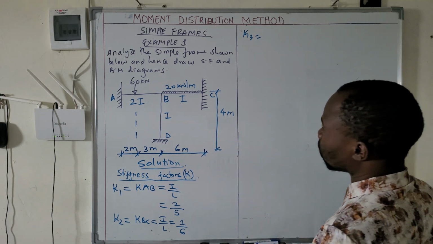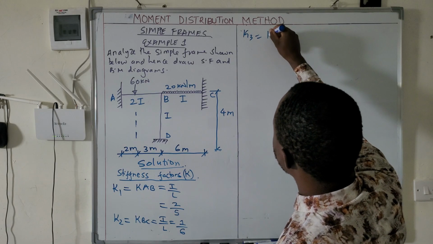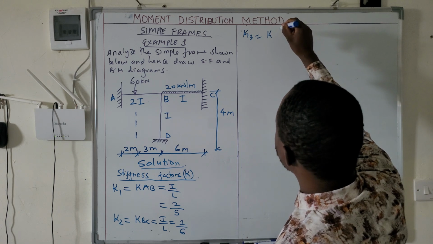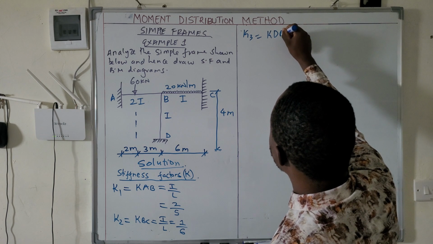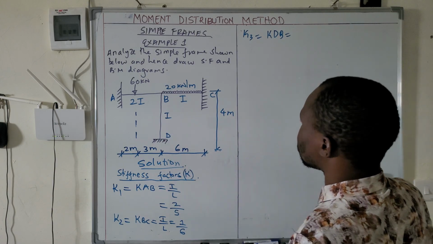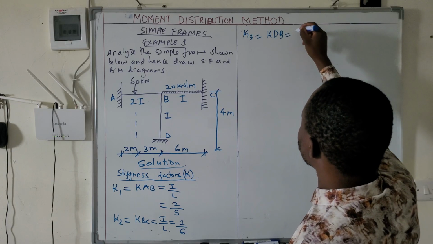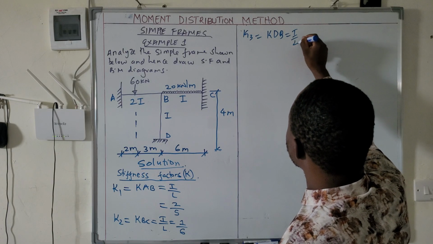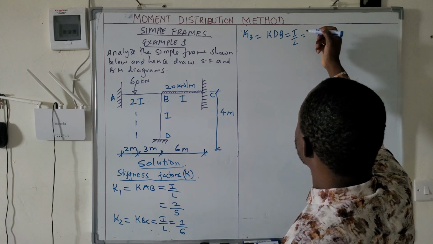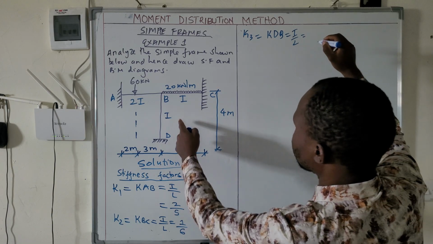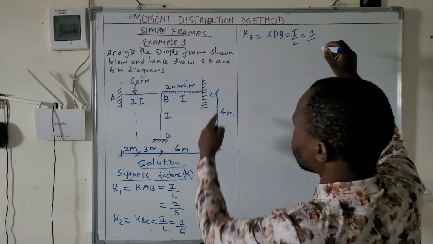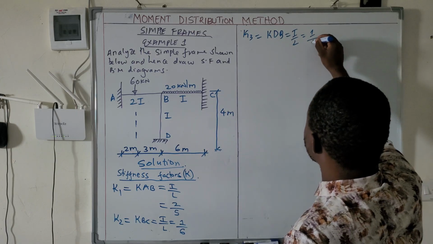So K3 is KDB, which is equal to, again, this is a fixed span, so it means the formula remains the same. I over L, which is equal to the I. I is 1 over L. L is this distance from here to here, 4.